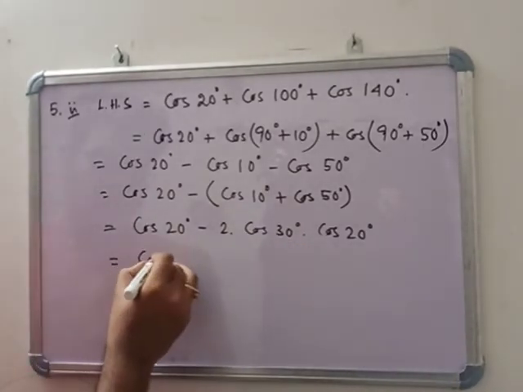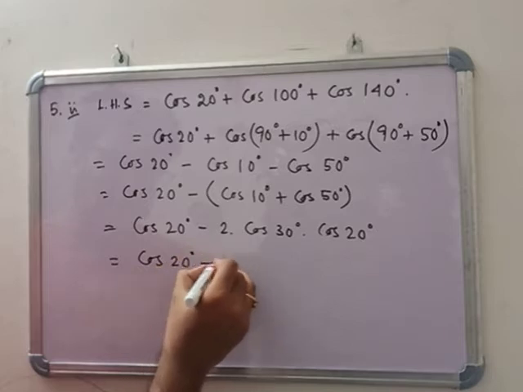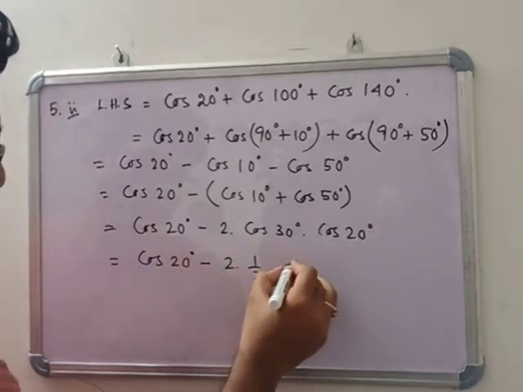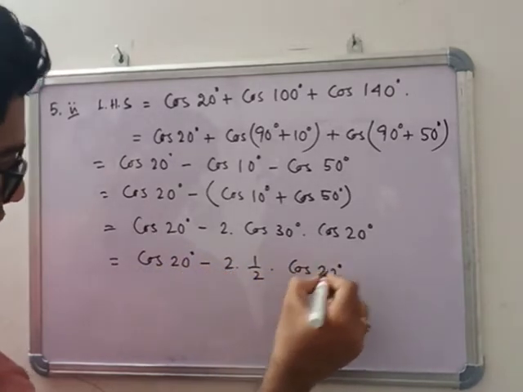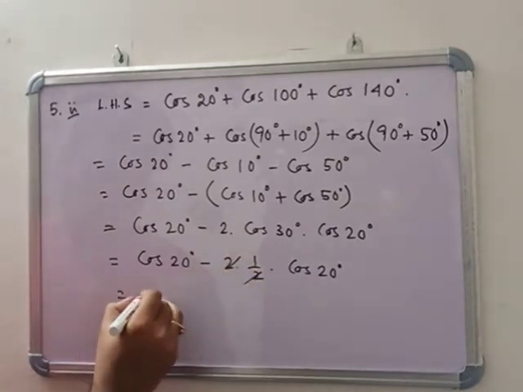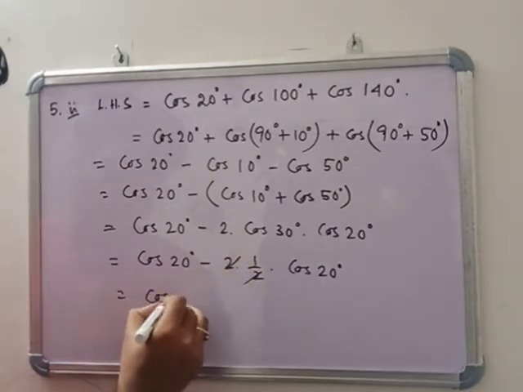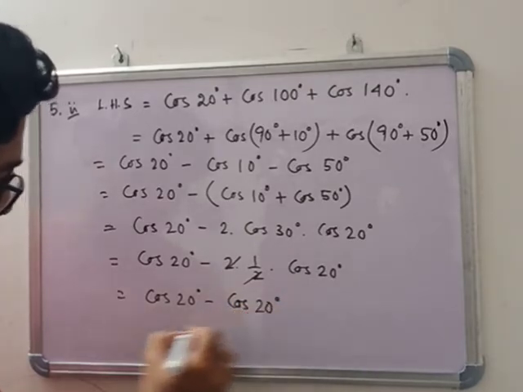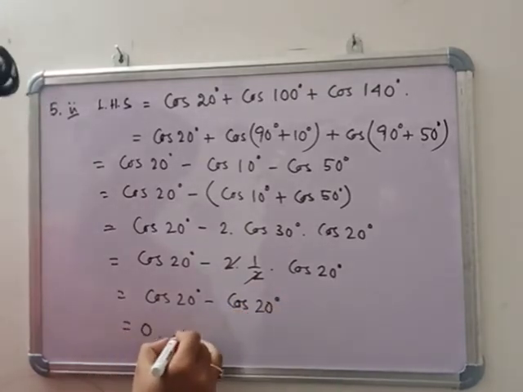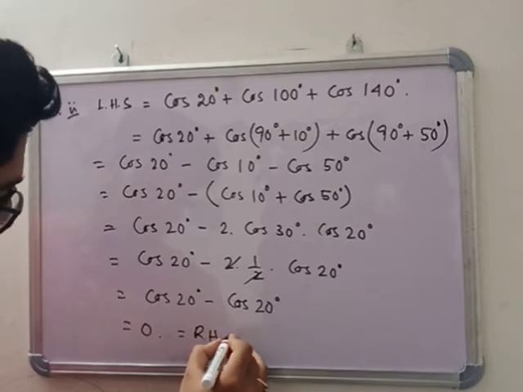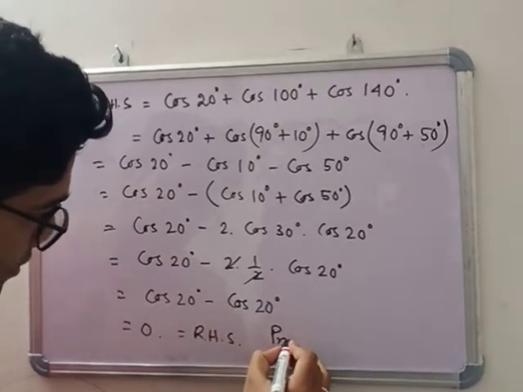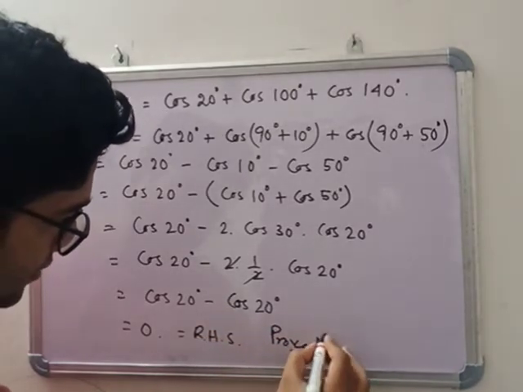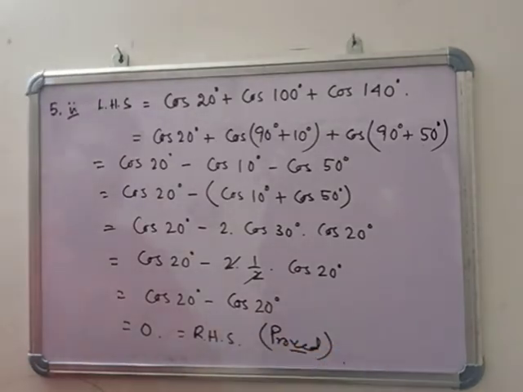So cos of 20 degree minus 2 into half cos 20 degree. So that means cos 20 degree minus cos 20 degree. This equals 0, which is given as RHS. Okay. Now, next one.